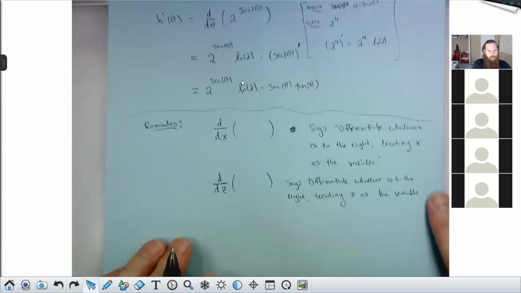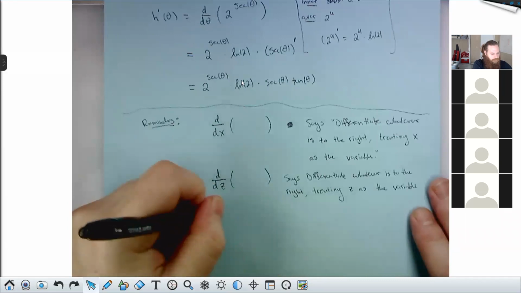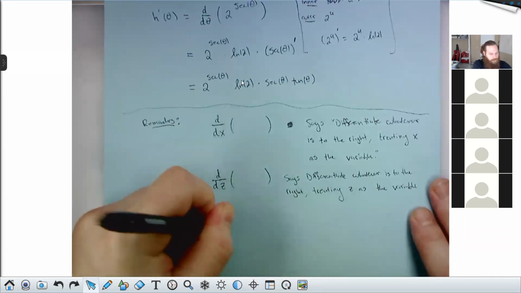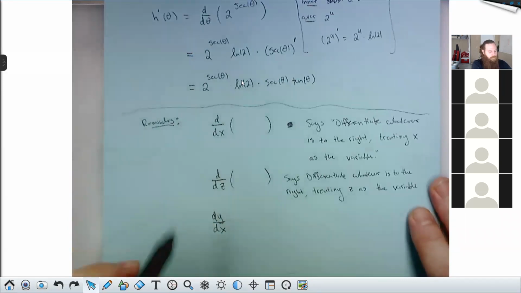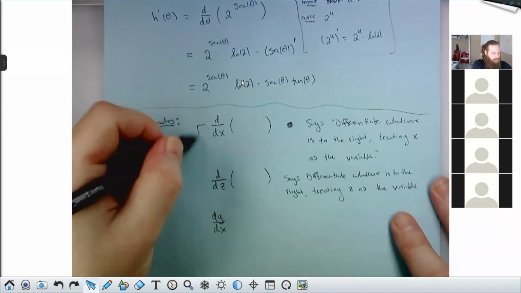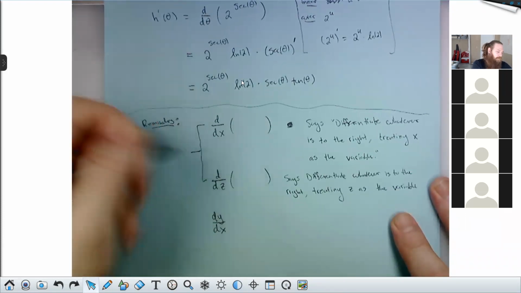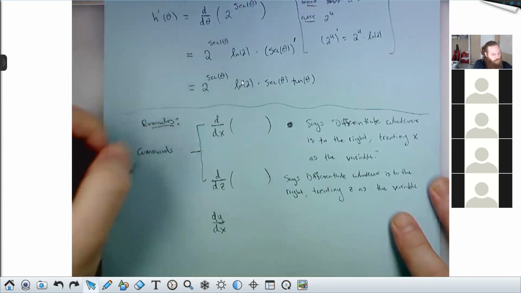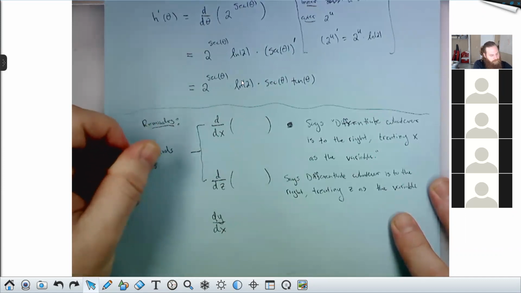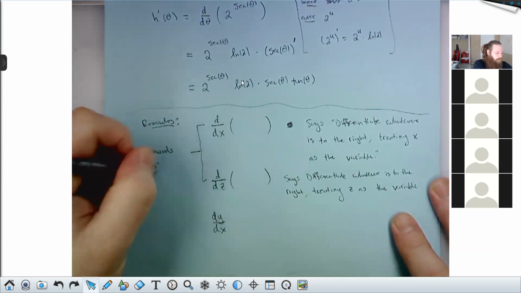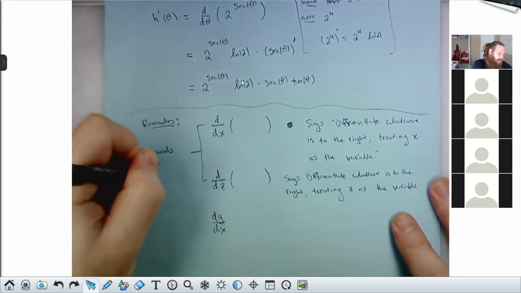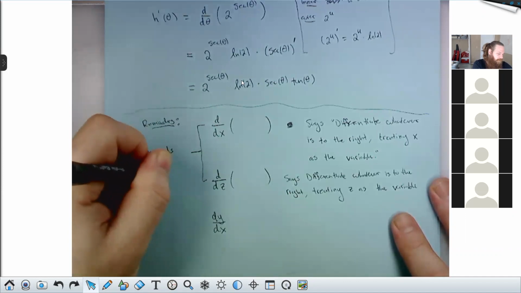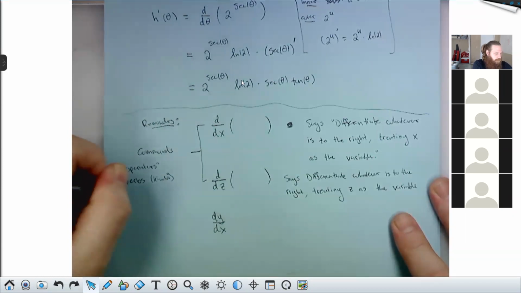And the other notation we've seen here is stuff like dy/dx. So these things are commands, or operators, they're called. I like to call them verbs. They tell you to do something.